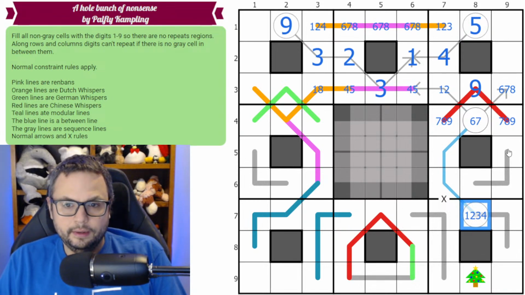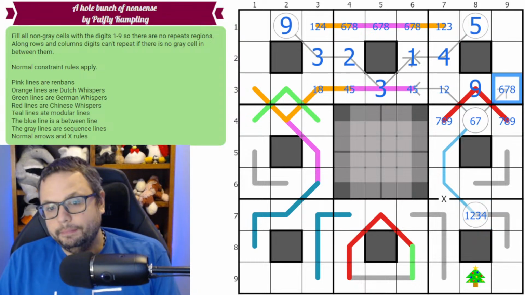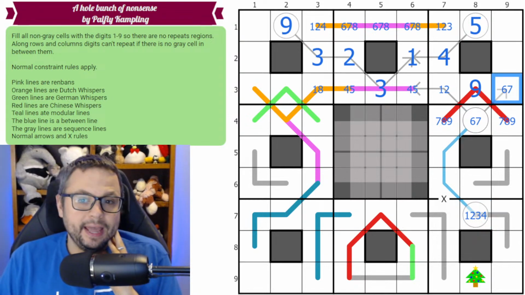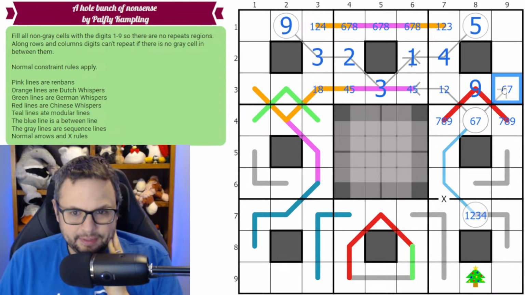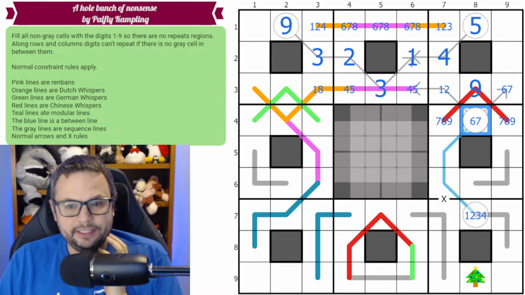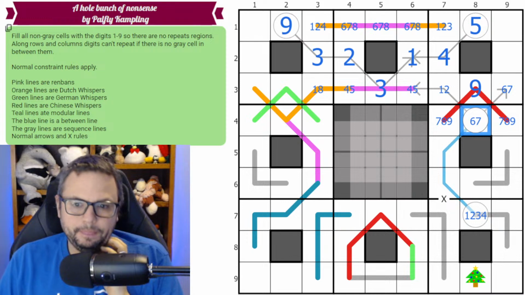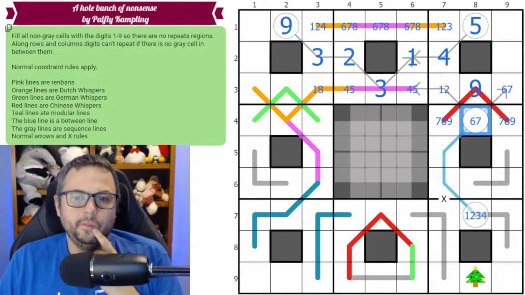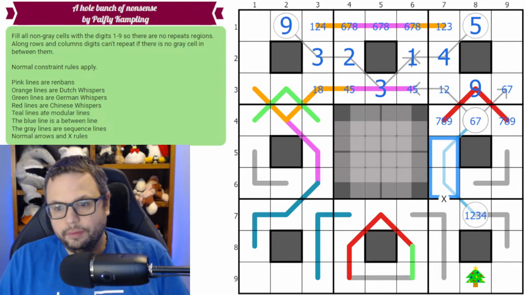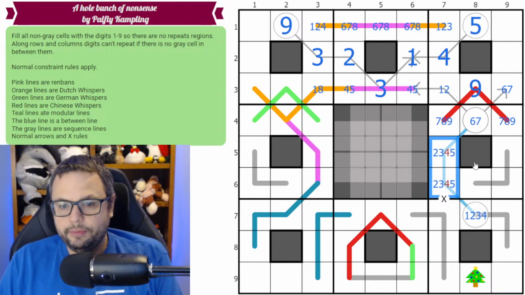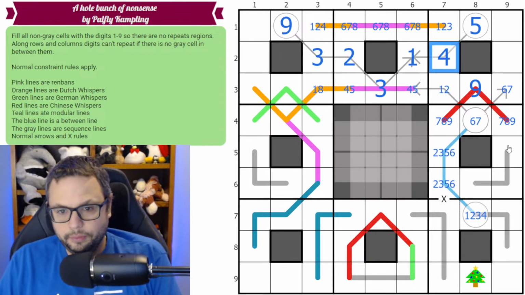That digit's not an 8, I agree. It's only 6 or 7 because it's equal to that digit. 8 and 6 or 7 are not equal, I agree. So these cells are just by the between line from 2, 3, 4, 5, 6, and they're not 4 by Sudoku.